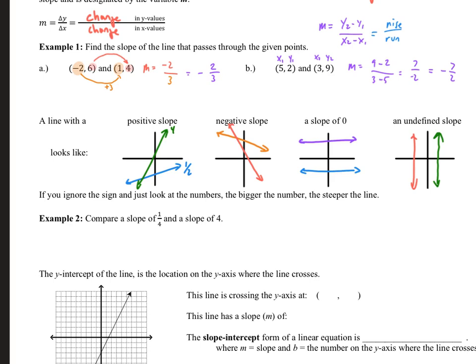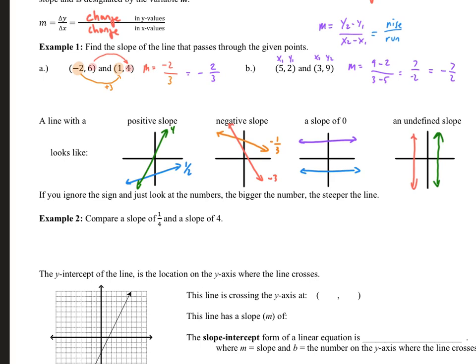Maybe this orange line has a slope of negative 1 over 3. And then the slope of the red line might be negative 3 over 1, or just negative 3. So again, just ignoring the signs, that 3 is a bigger number than 1/3. So this line would have a steeper slope than this line. Of course, these lines here have the same slope because they're both horizontal, and these lines here have the same slope because they're both parallel, or vertical.